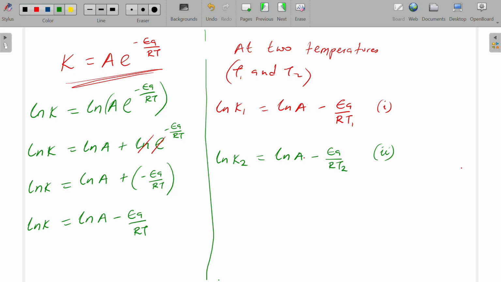When you reach this stage, allow me to get rid of this part here.